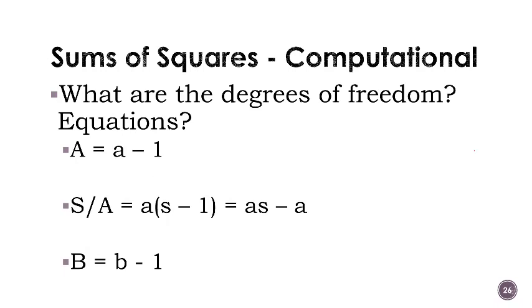Alright, so we have the sum of squares. If you want to get the sum of squares computational route, we need to look at the degrees of freedom and convert them. Same process we did before. So now the things you've got to keep track of are A, B, and S. So for A, it's going to be the sum of A_j squared over BS minus T squared over ABS.